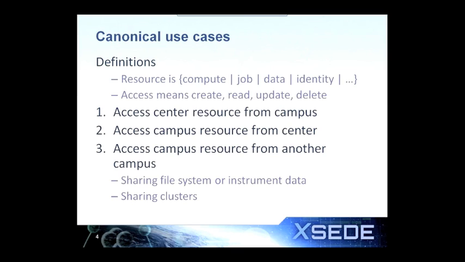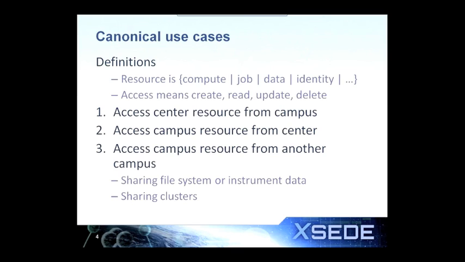A job is a resource. It's running, and you can interact with the job through the global file system. It can obviously be data, files and directories, directory structures that you have, instrument data that's lying on an instrument somewhere. It can be identities such as groups and things like that, and the list goes on.